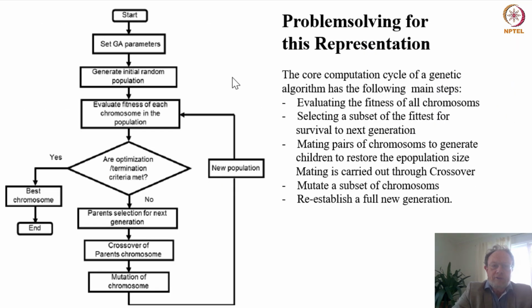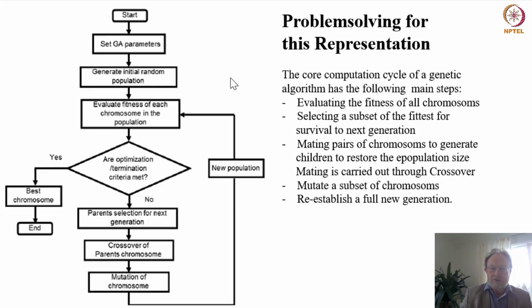So, what is the basic machinery of a genetic algorithm system? The key issues are the following. We already talked a little about the basic representation. We have a population of chromosomes.